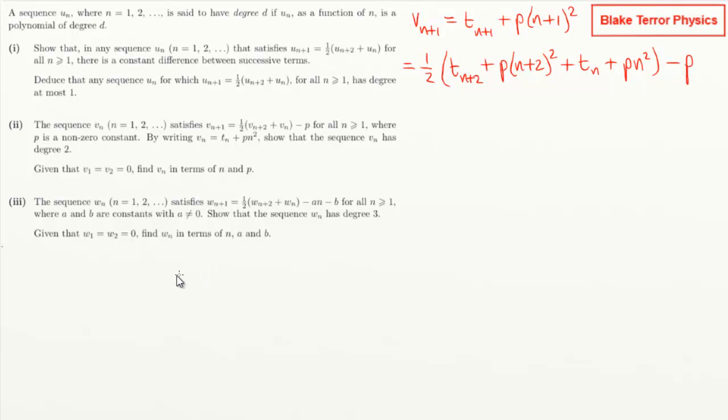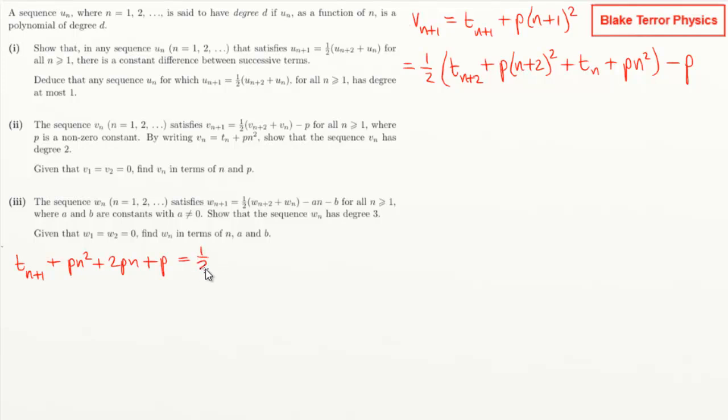Right, I'm going to need a long line for this, so let's go all the way down the bottom and expand things out. I'm not too sure what I'm trying to do with this, but there's a lot of P's and n's, which I feel as though I want to tidy up and see what drops out the bottom of all of this. So I've got Tn plus 1 plus Pn squared plus 2Pn, just expanding out, plus P. So that's the left-hand side.